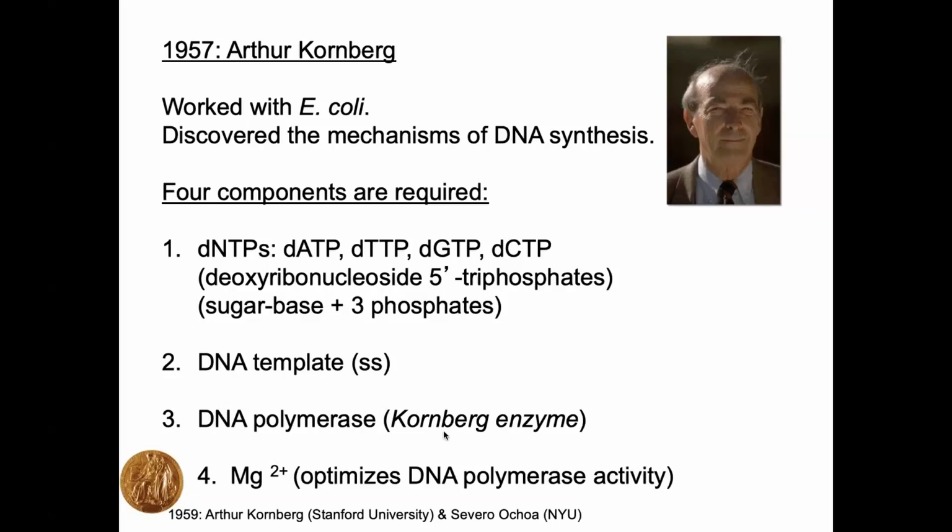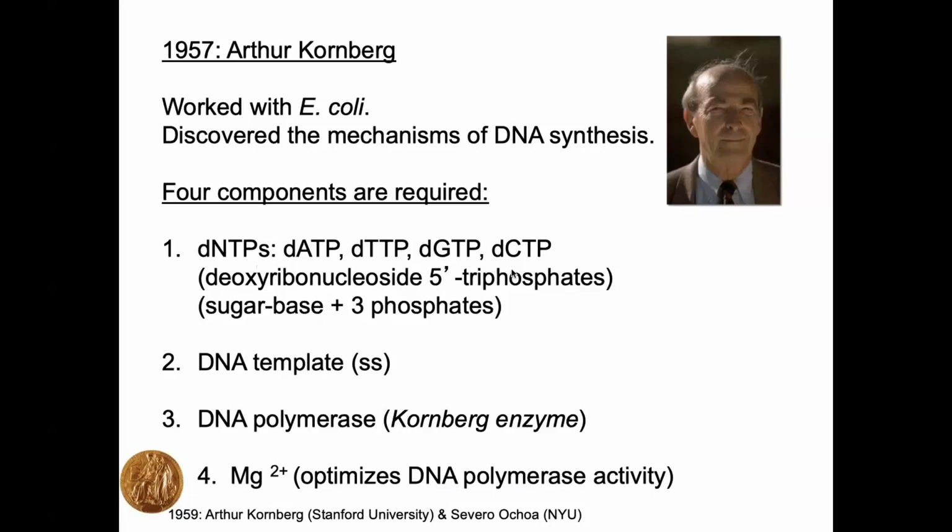So all four building blocks, more generally referred to as dNTPs, deoxyribonucleoside 5' triphosphates, collectively represent dATP, dTTP, dGTP, and dCTP. These are the building blocks that can be utilized by the enzyme to create a new molecule of DNA off of that single-stranded template.